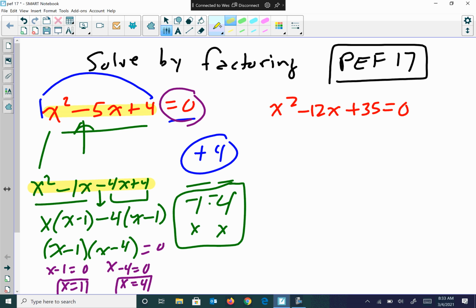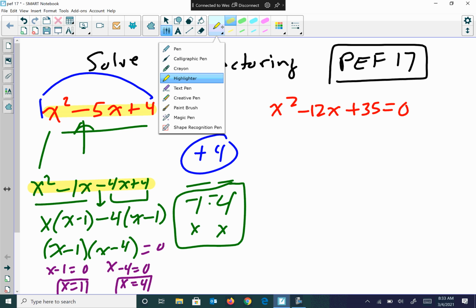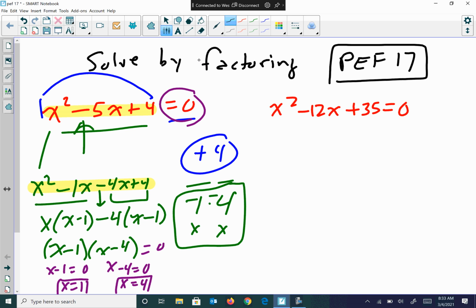Okay, let's see, what do we got? Next problem. All right, so we have an equal sign, so we know we have to solve it. I'm going to turn these 3 terms into 4 terms. If there's a number in front of x squared, great. If there isn't, I'm going to put a 1 there.